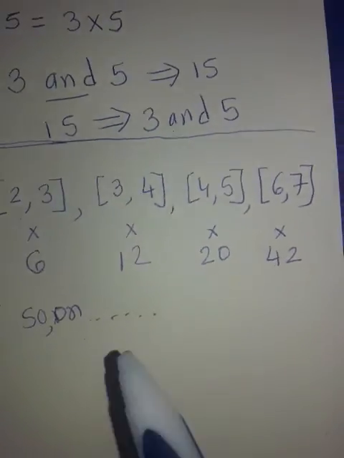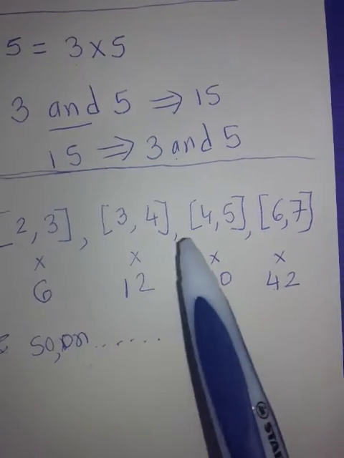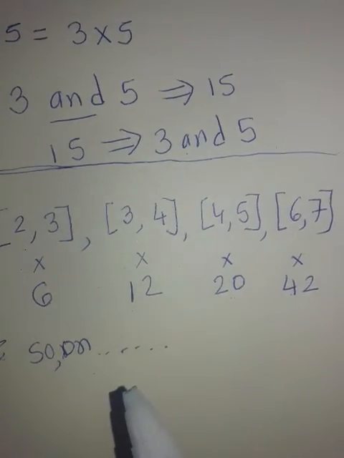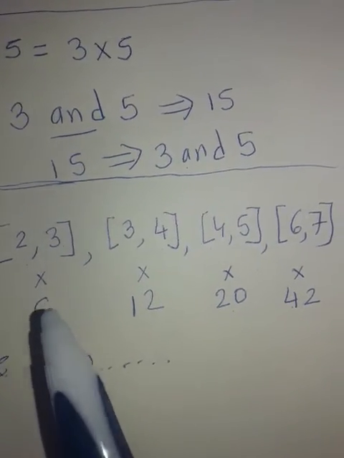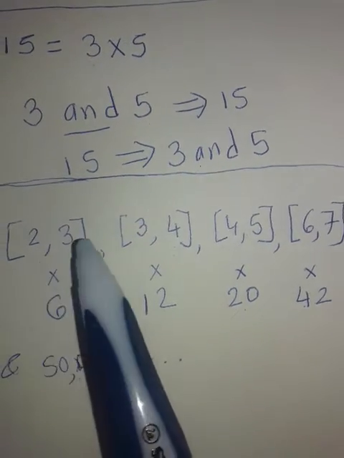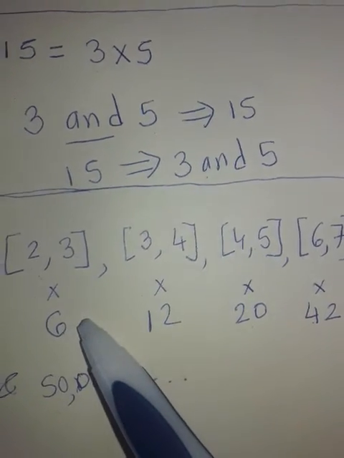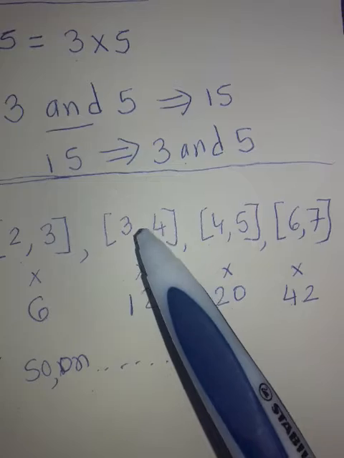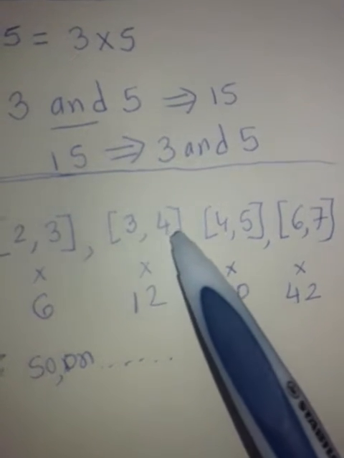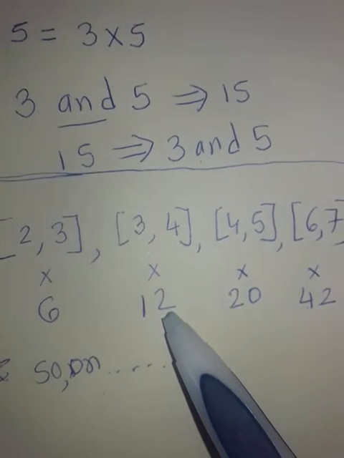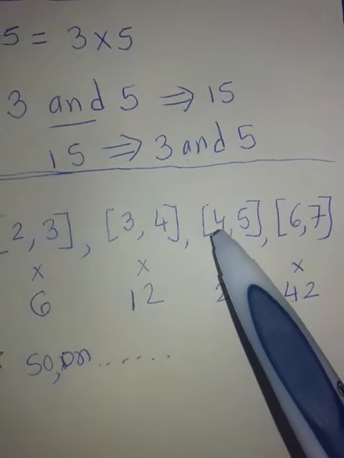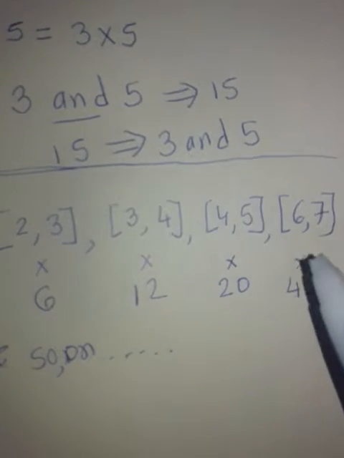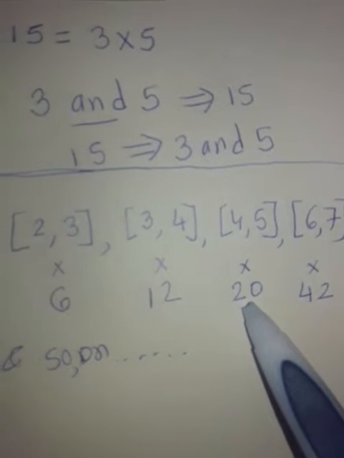So what conclusion can we draw from these 4 examples? It is based on our trick only. A number which is divisible by 2 and 3 is divisible by 6. A number which is divisible by 3 and 4 will be divisible by 12. A number which is divisible by 4 and 5 will be divisible by 20.